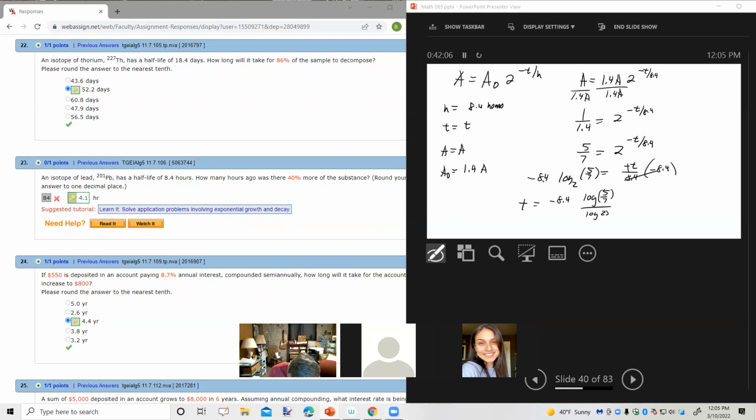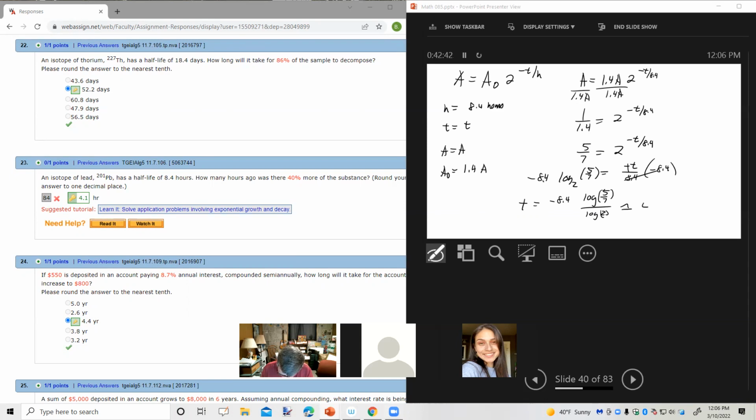You get that. And I kind of zip through the steps because they're the exact same steps we did before, but it's a 1.4 instead of a 1.2. And so calculator time: negative 8.4 log of 5 divided by 7, close it up, divided by log of 2, close it up.